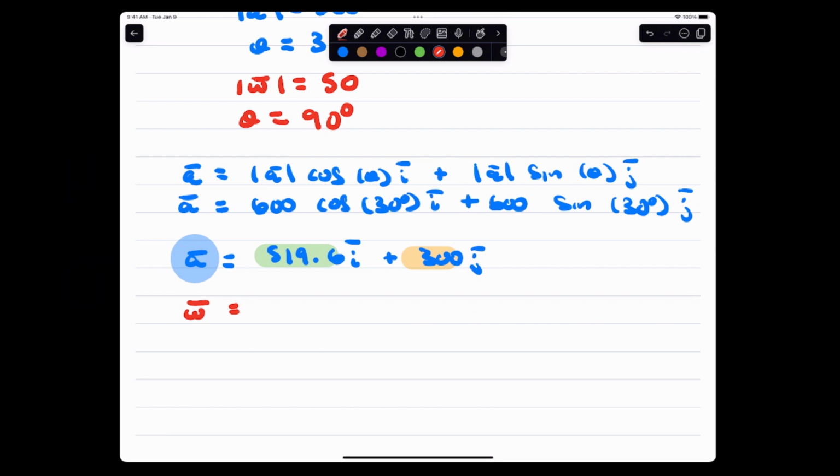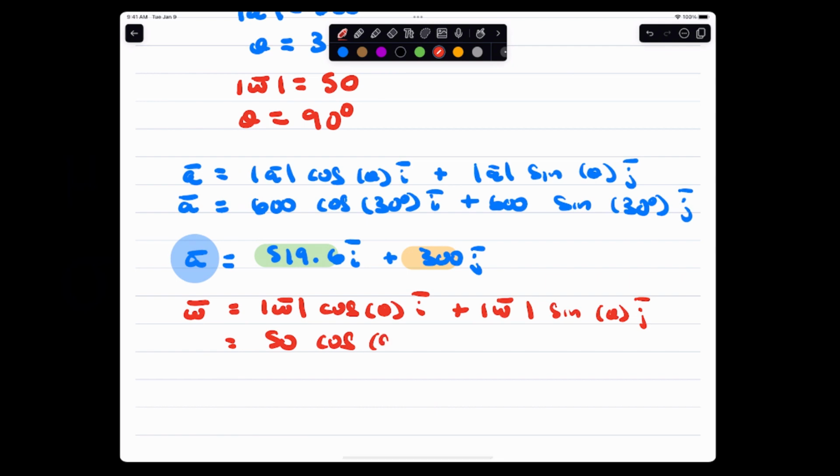The wind vector: the magnitude of the wind, cosine theta i, plus the magnitude of the wind, sine theta j. Isn't this what we did yesterday, finding horizontal and vertical components? 50 cosine what? 90, i, plus 50 sine what? 90, j.